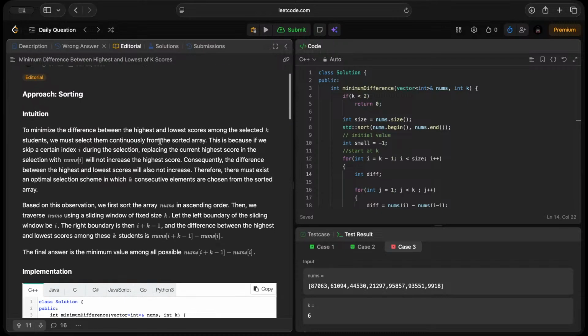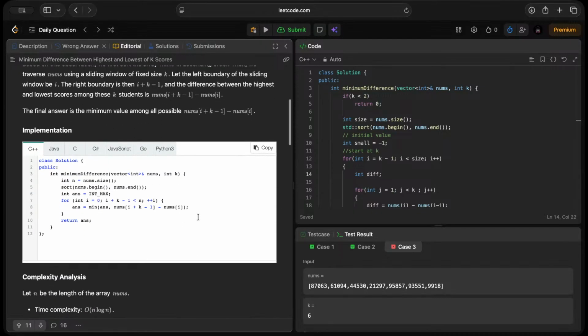Minimize difference between that. Okay, this is their answer for it. We sort it. Is it really that? You already got the size. What are they doing here?